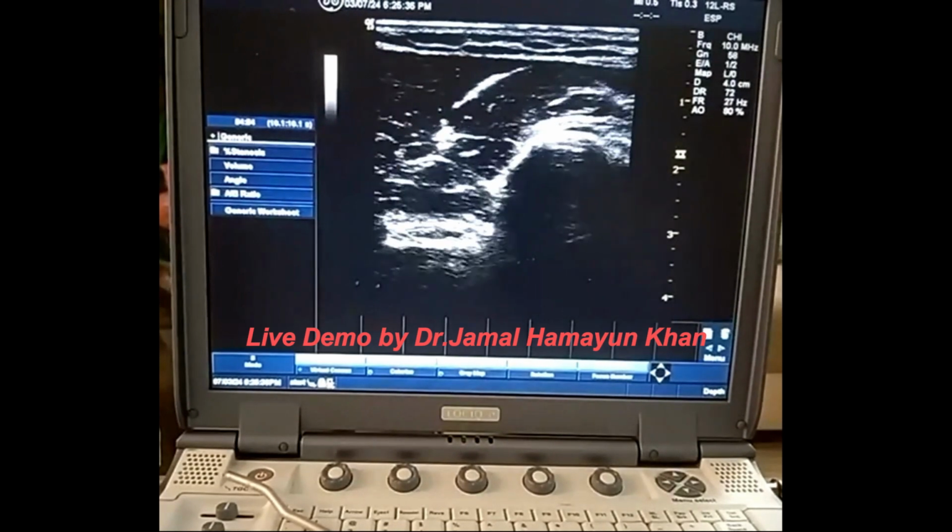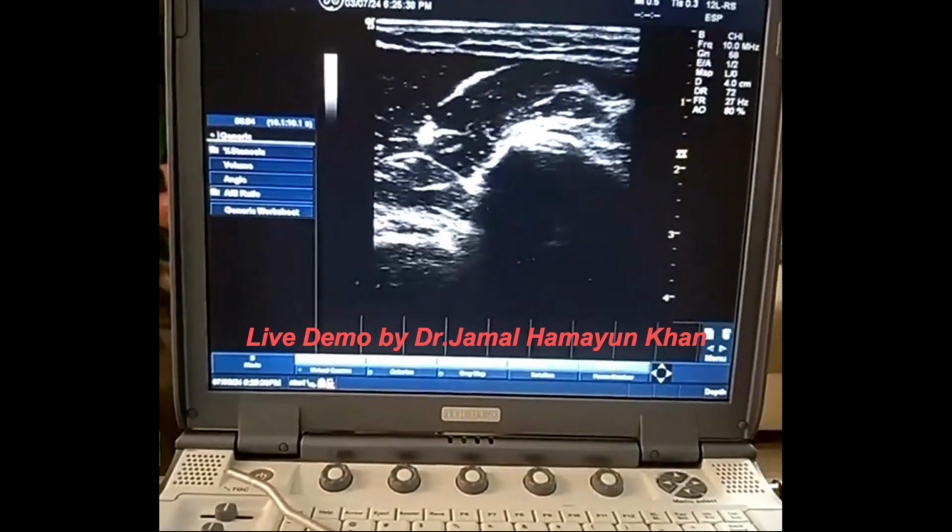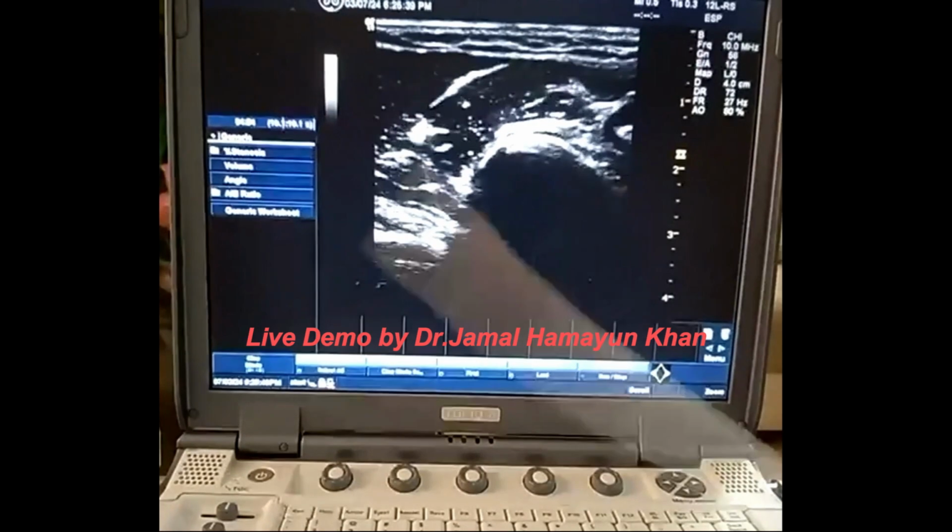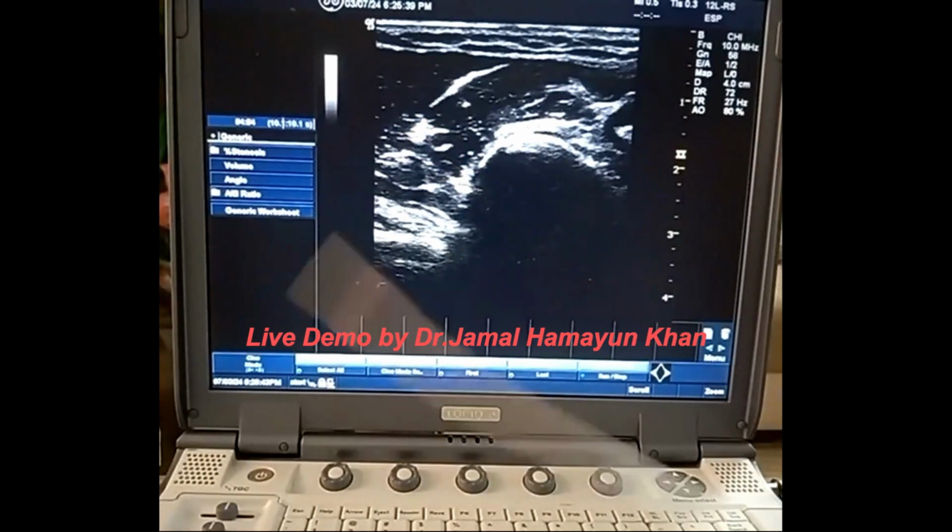This white structure, I'm going to freeze the screen. This white structure is the musculocutaneous nerve. I'm going to adjust the brightness.